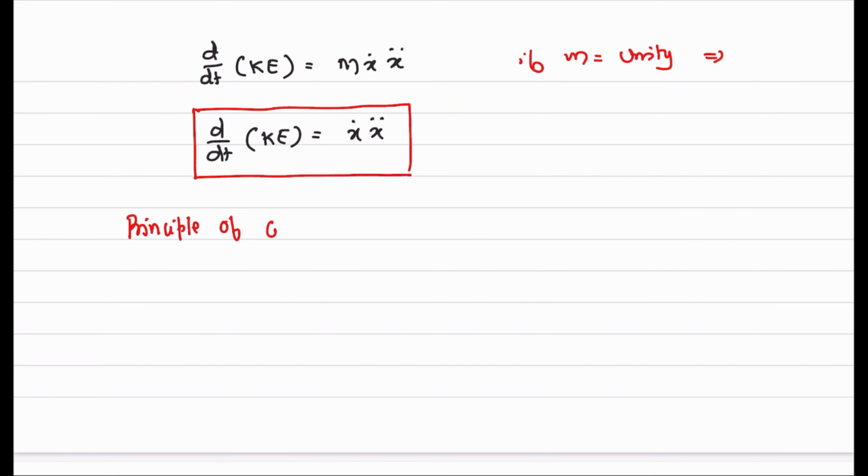It implies total energy is equal to constant. Do you agree? What is total energy?